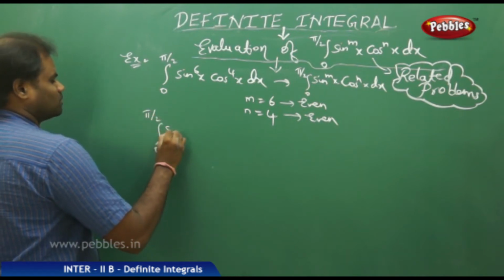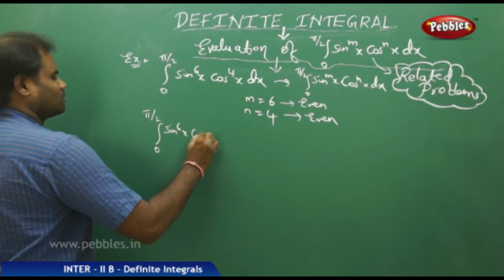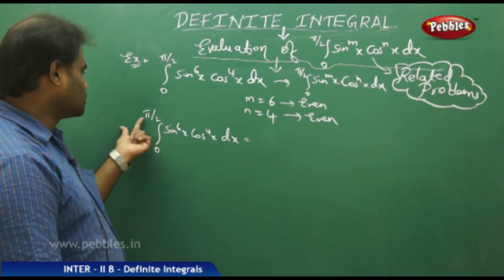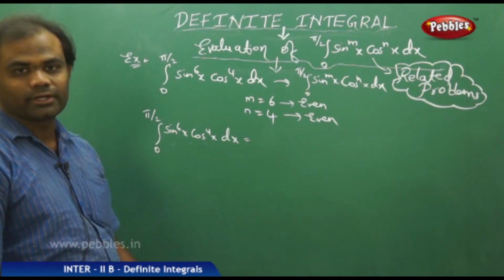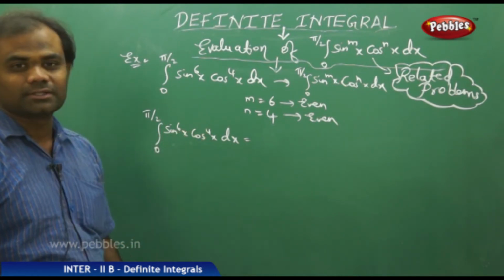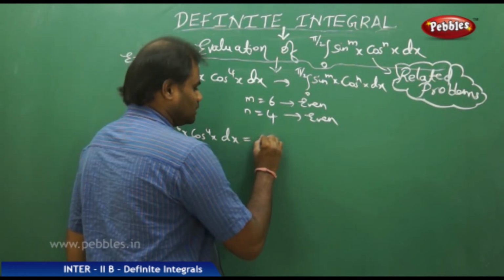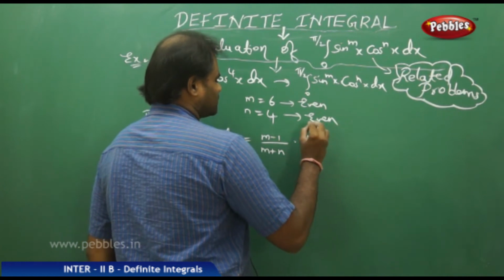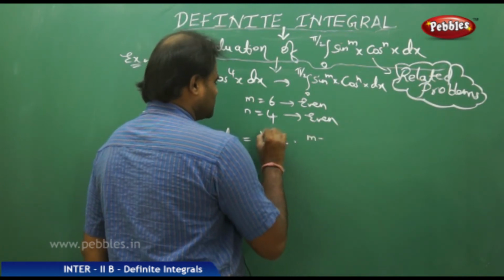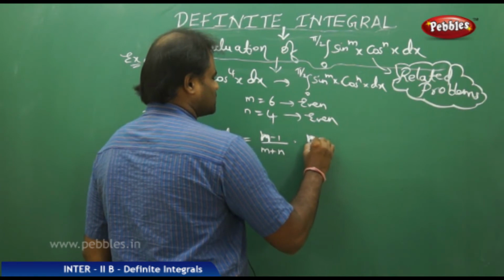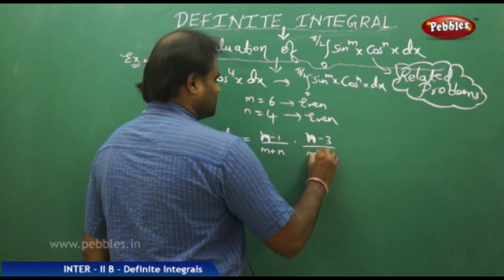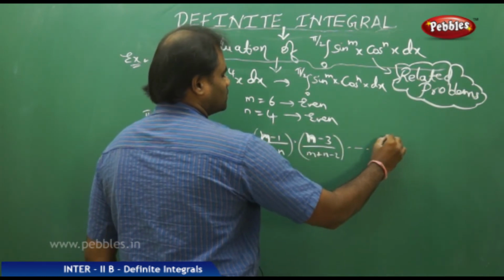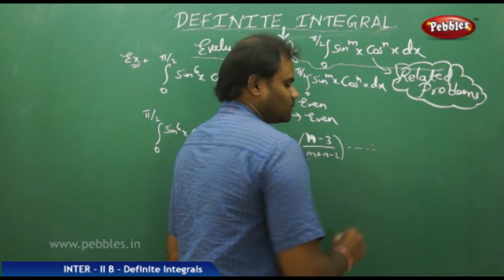So in order to evaluate the integral from 0 to pi by 2 of sine power 6x cos power 4x dx with both even cases, I have the formula: n minus 1 by m plus n, n minus 3 by m plus n minus 2, and so on and so forth till the last term.